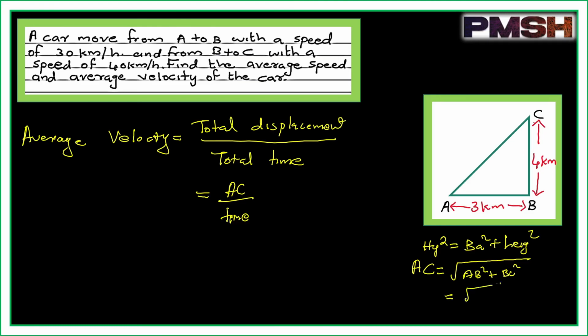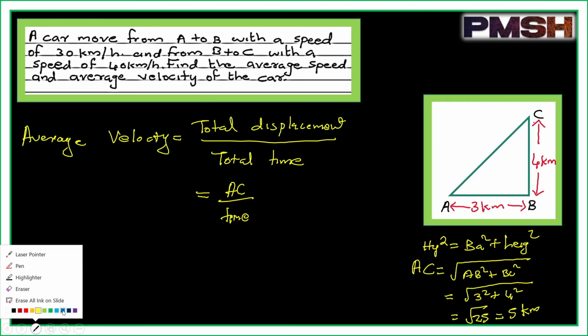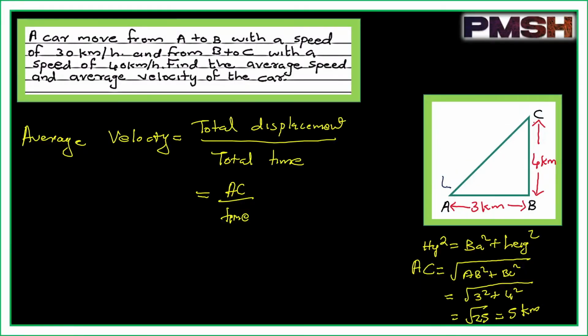And that is going to be root of 3 square plus 4 square. 3 square is 9, 4 square is 16. That is root 25. So it is 5 kilometers. So we have found the value for AC as 5 kilometers. Okay, clear.